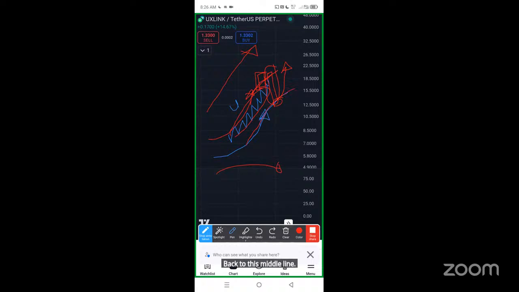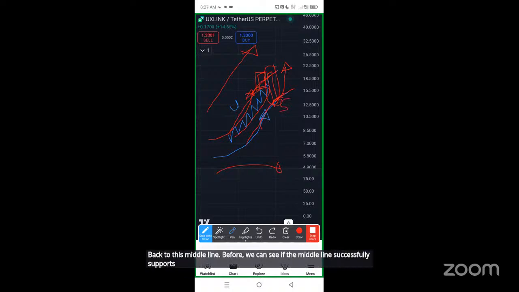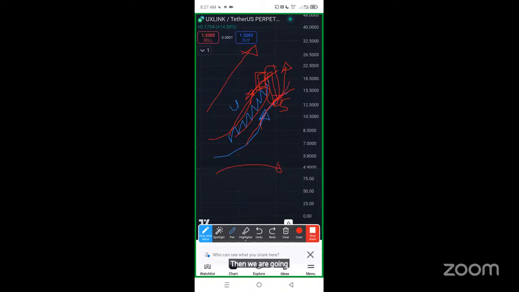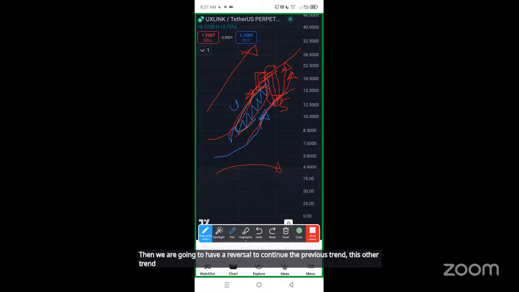Before we can see if the middle line successfully supports price, then we are going to have a reversal back to continue the previous trend. These are the trends that we were actually witnessing. So this is what you should expect.